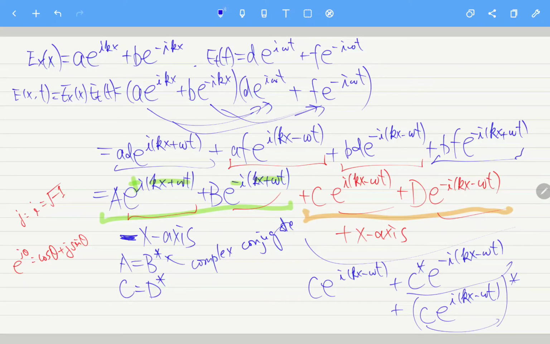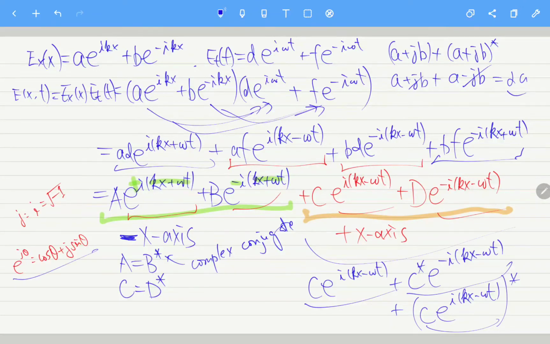So we have this thing added with its complex conjugate, which is like if we have A plus jB, and then if we add it with the complex conjugate of itself, it will look like A plus jB plus A minus jB, and then the imaginary parts cancel each other. It becomes a real value.